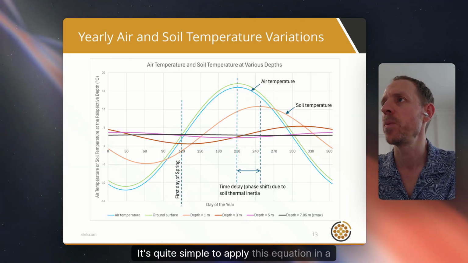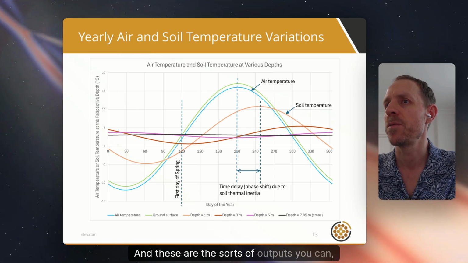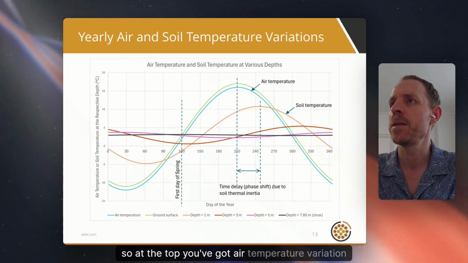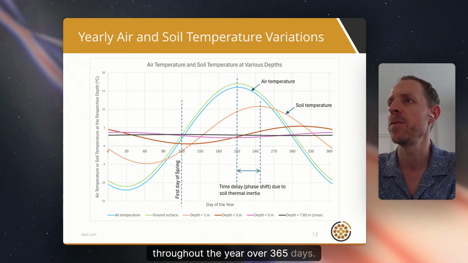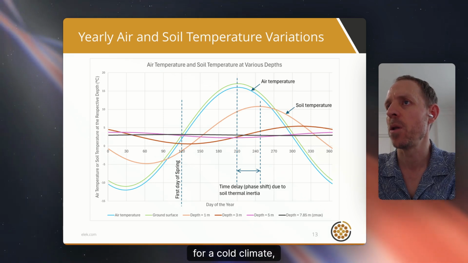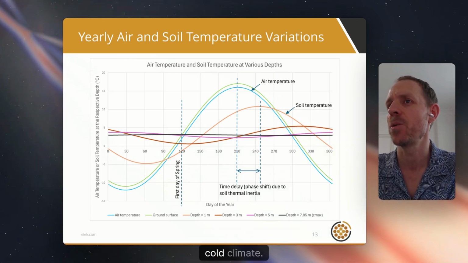It's quite simple to apply this equation in a spreadsheet, and these are the sorts of outputs you can see. So at the top, you've got air temperature variation throughout the year over 365 days. Note that this is for the northern hemisphere, not a cold climate.